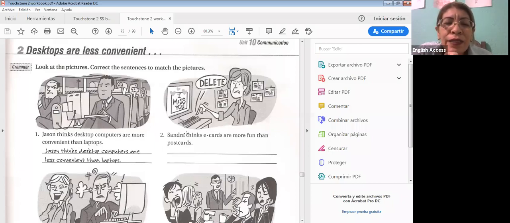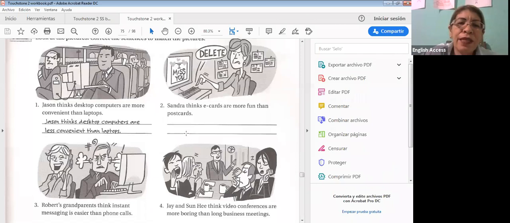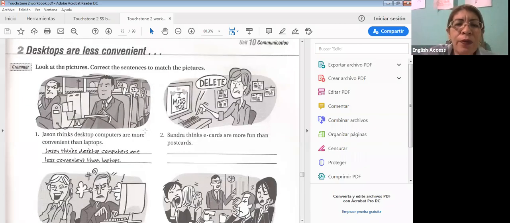Number 1, Jason thinks desktop computers are more convenient than laptops. Then Jason thinks desktop computers are less convenient than laptops. So we're going to use the opposite one.